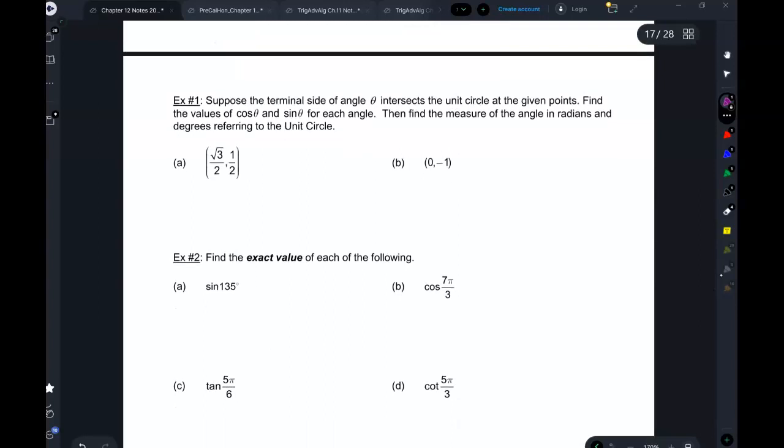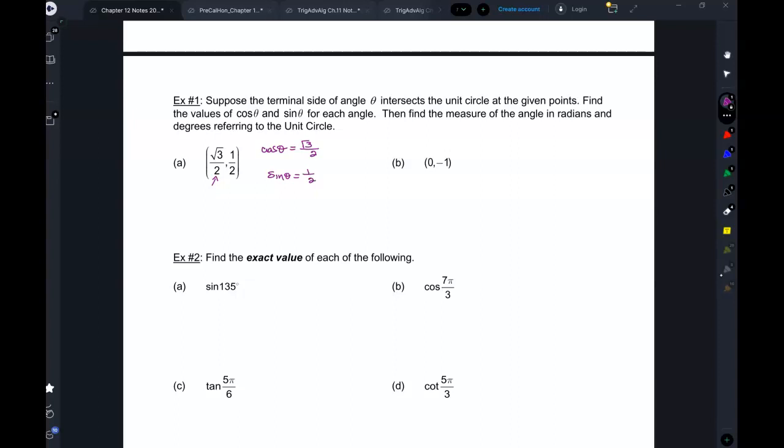Suppose the terminal side of an angle intersects the unit circle at the given points. Find the values of cosine and sine for each angle. So this one is the cosine, right? Right, and what's the sine? 1/2.